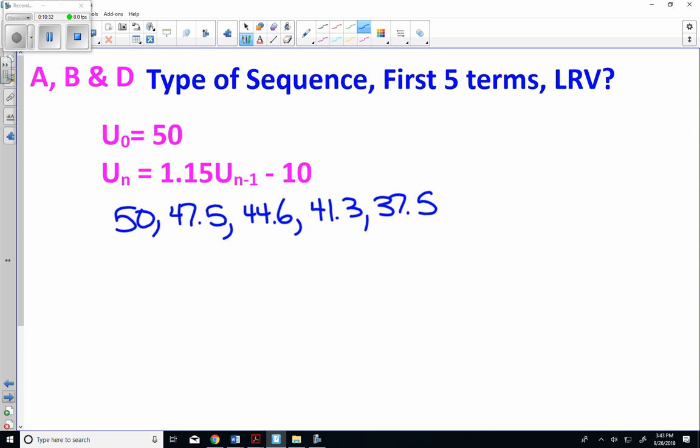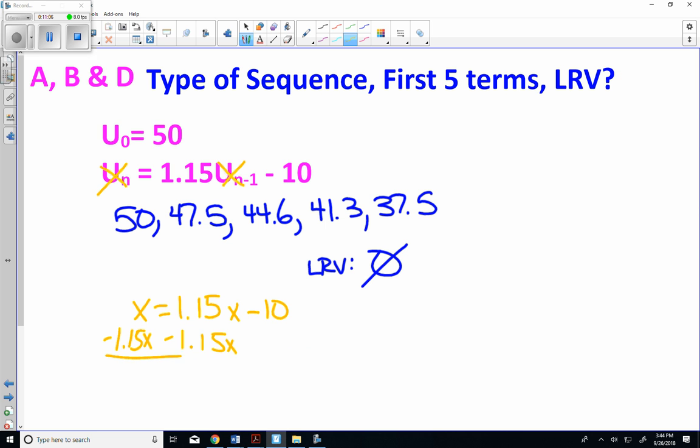If you keep doing this one, it's going to continue to go down, so the long run value is non-existent. There isn't one, because it continues to go down forever. So, no long run value. Now, if you were to try to solve this with x, you get x equals 1.15x minus 10. Subtract 1.15x and you get negative 0.15x equals negative 10.